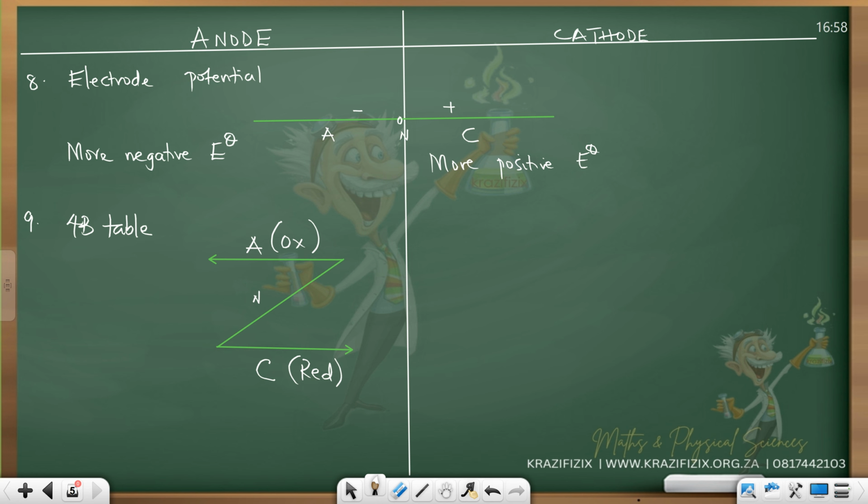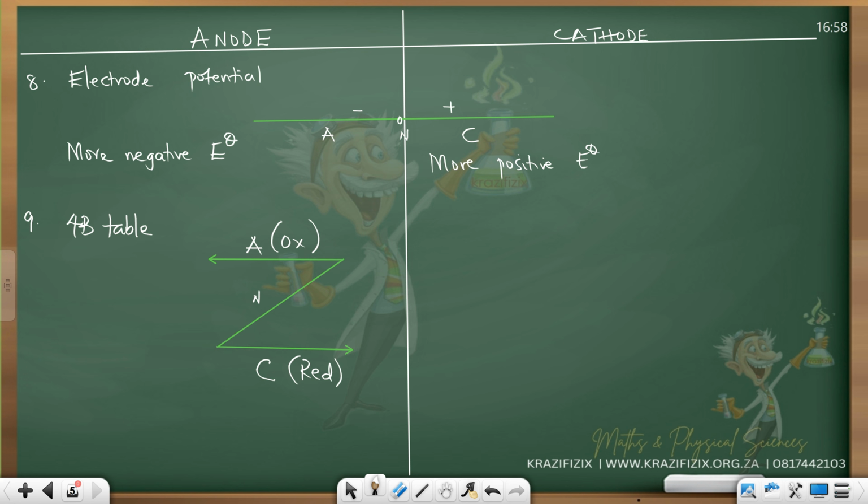Let me probe you. There's still one more. No, that one we just want to identify the anode and cathode. There's one more. Under electrorefining. Yes, number 10, electrorefining. Where does the pure one go to, and where does the impure one go to?